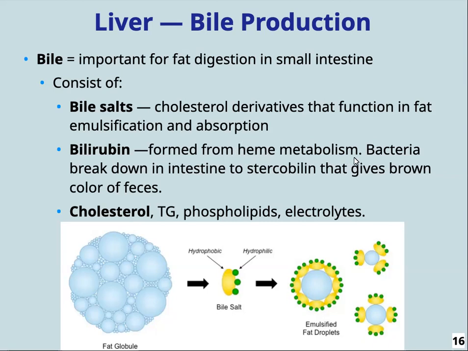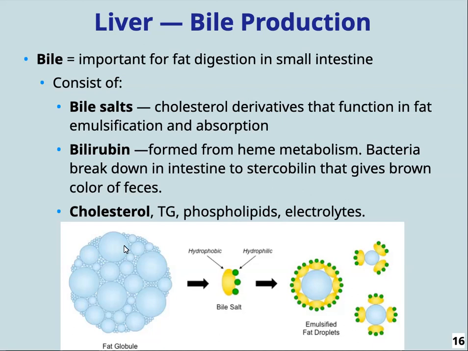So the heme component is metabolized into bilirubin, and bacteria then can further break this down into stercobilin within our intestine. And this is what confers that brownish color to your feces. Your bile also consists of other things like cholesterol, triglyceride, phospholipid, and electrolyte.